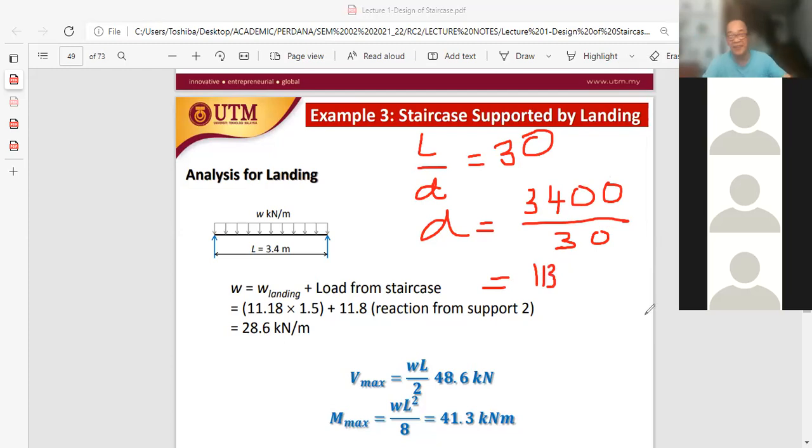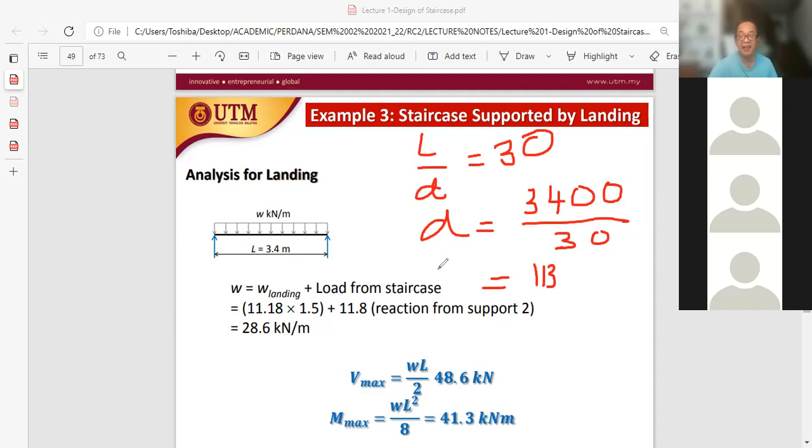113. Okay. So 113 bermakna plus my cover about 20 mm ke 15 to 20 mm, dan maka cover is about 25 ke 35 ke. Maka I can choose to be around 150 or 175.